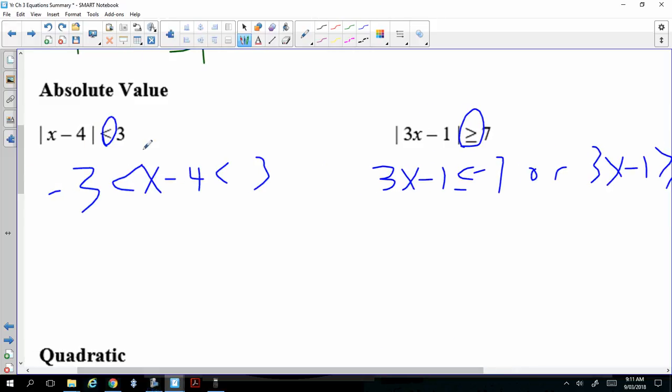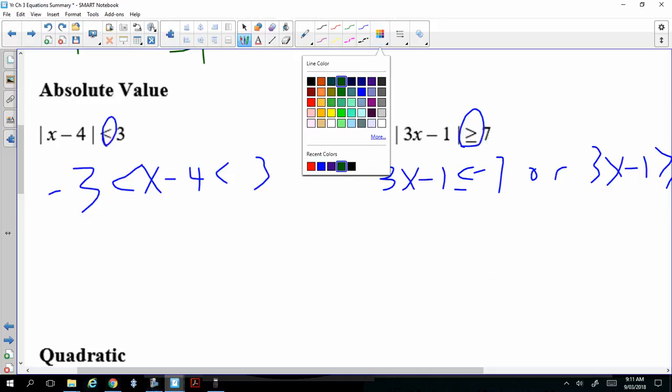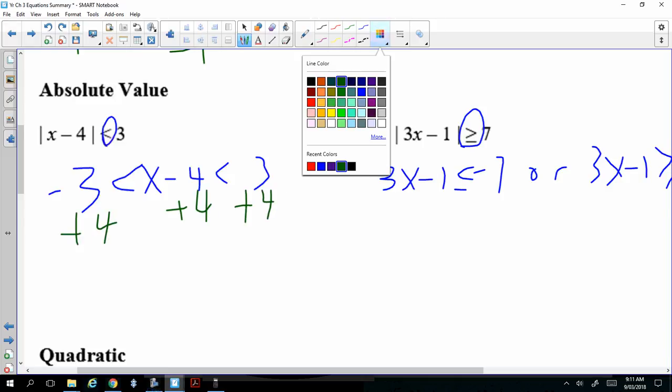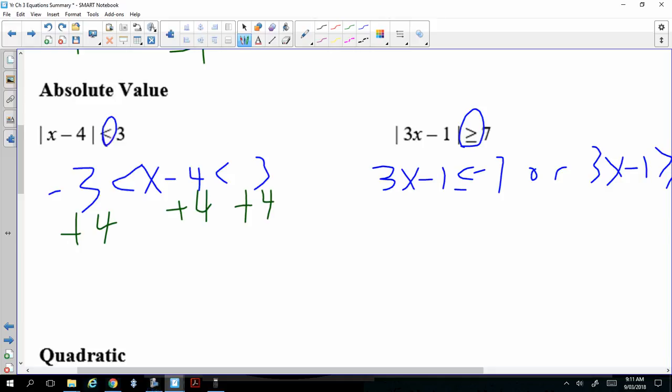You just have to go plus 4 on both sides. And you end up getting, what do we get? x is between 1 and 7. Okay, like that. Whereas the other one, bigger than, you have to go 3x less than or equal to negative 6.